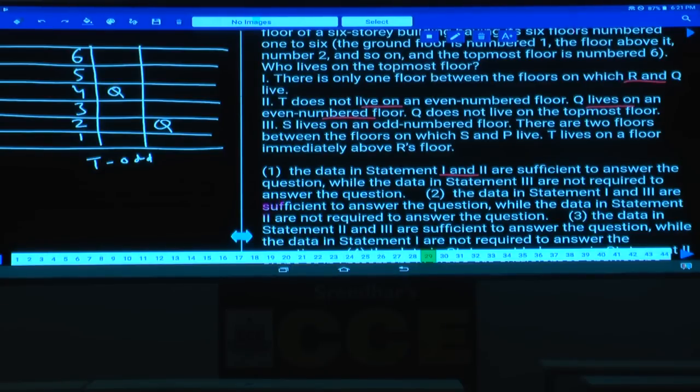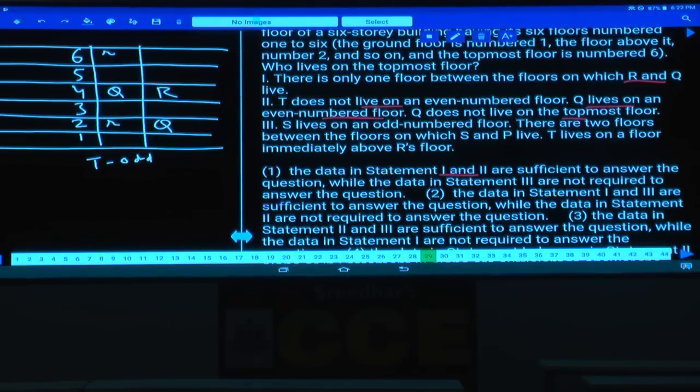There is one floor between R and Q. As there is one floor between R and Q, in this case R can be here or R can be here. Now by combining 1 and 2 also we cannot determine, isn't it? Hence choice 1 is ruled out.